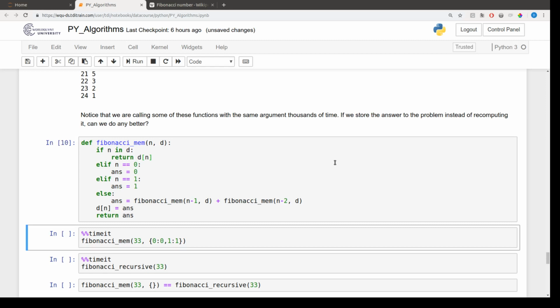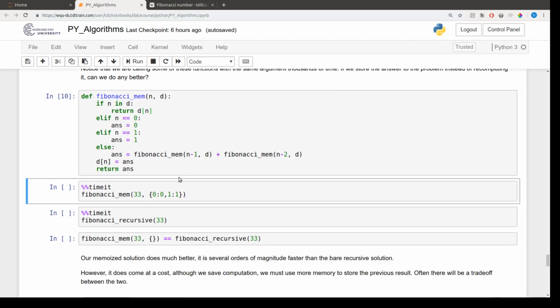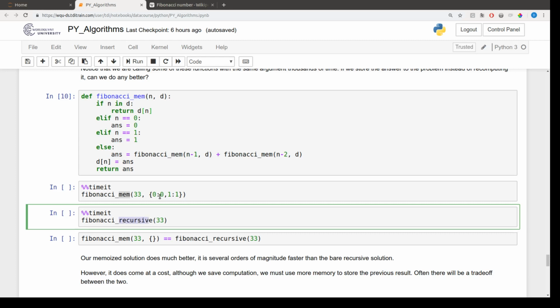Let's test it in practice by comparing how long it takes to calculate the 33rd Fibonacci number using a memoized algorithm, as we just implemented, versus the recursive algorithm.